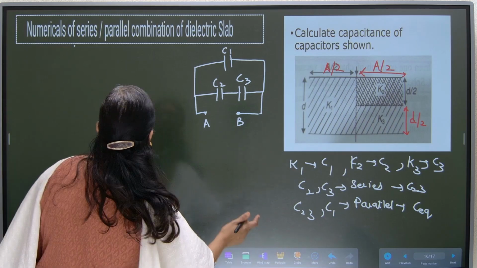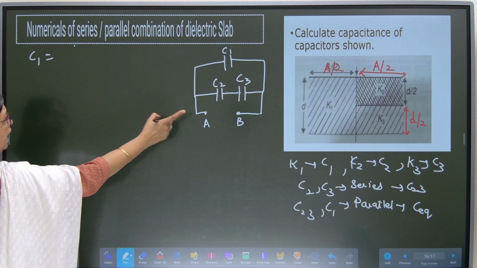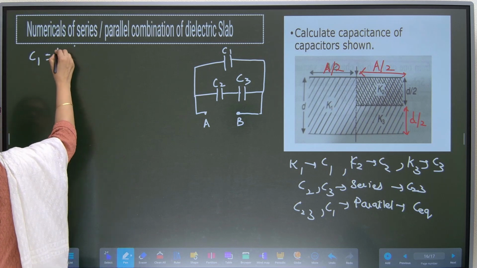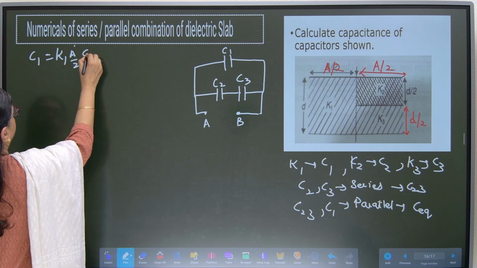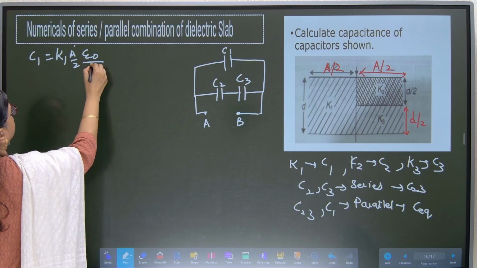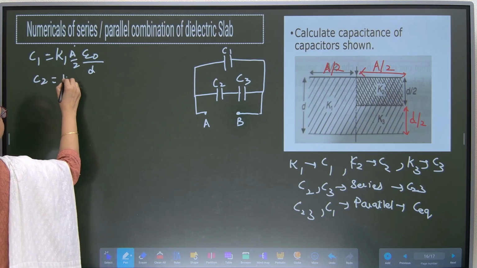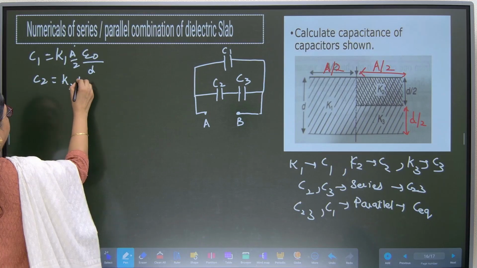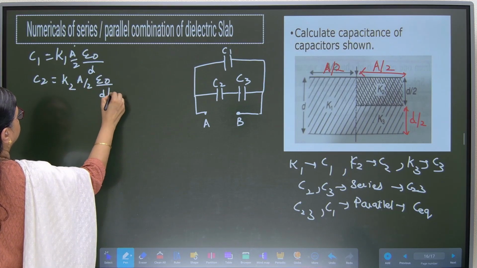Now before that, let us write what is C1. C1, as you can see from the diagram, is K1 A upon 2 epsilon naught upon D. C2 is equal to K2 A upon 2 epsilon naught upon D upon 2.